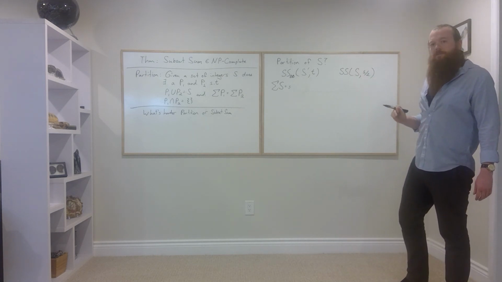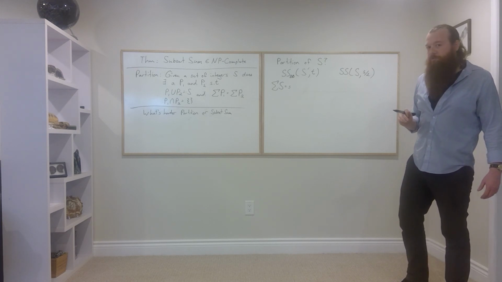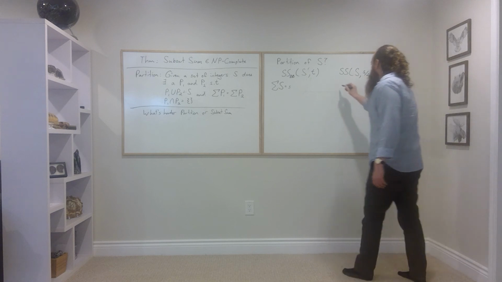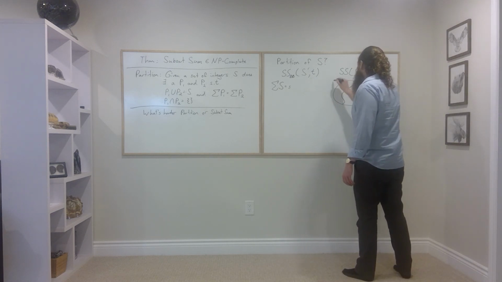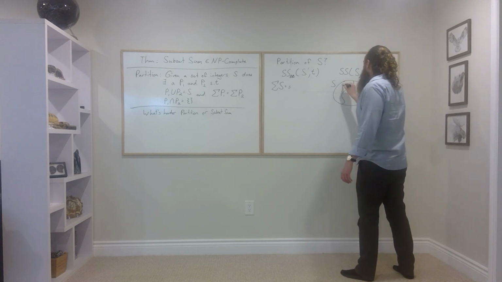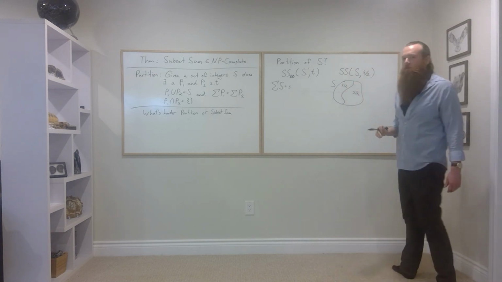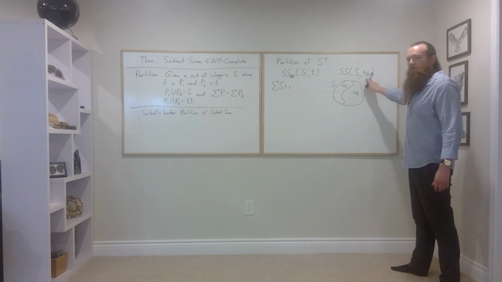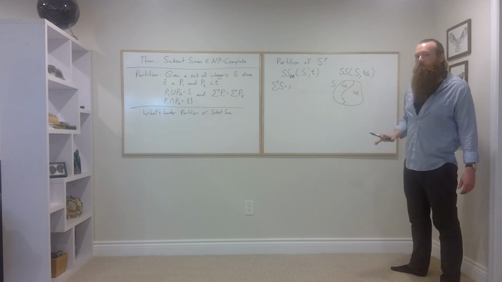If there does exist a subset that sums up to s over 2, then there's a partition. Why? Well, I think this is S. If this sums up to s over 2, then the rest sums up to s over 2. So if there is a subset sum of s over 2, then there's a partition. And if there isn't a subset sum of s over 2, then there's no way I can make a partition.